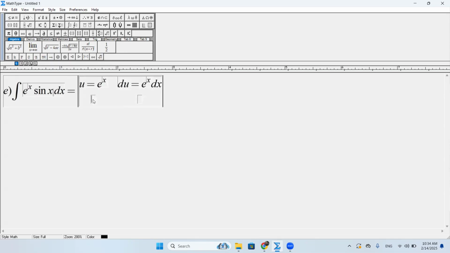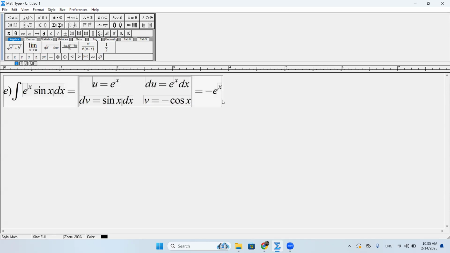And dv is sine of x dx. And v equals minus cosine of x. Okay, so now let's integrate. By the way, recurrence integrals are always calculated by parts twice, no more, no less.